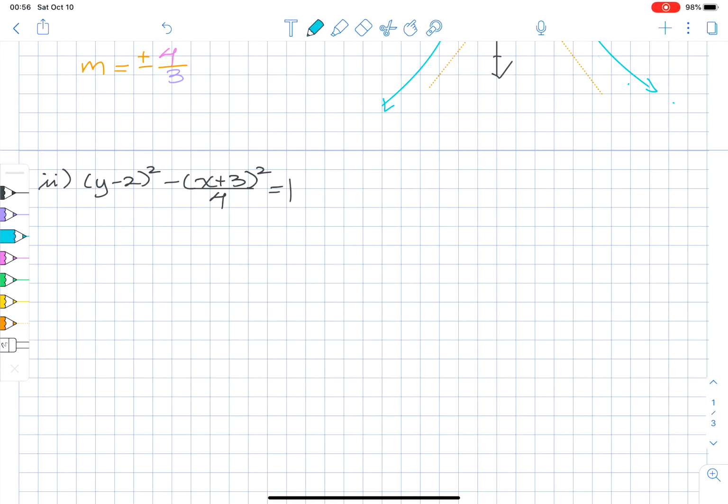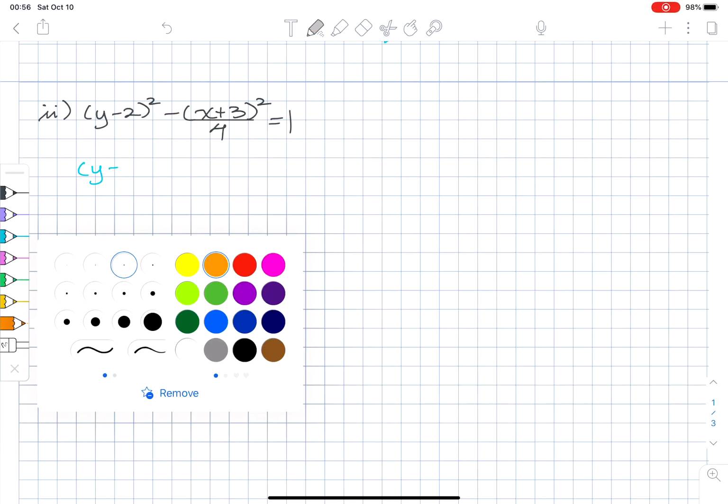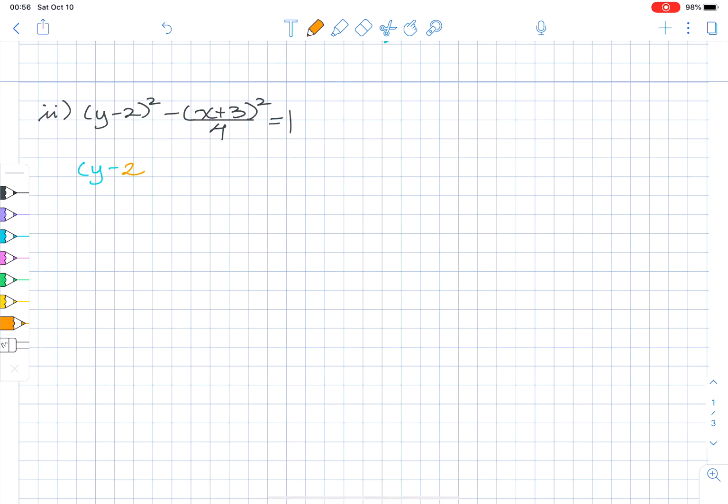So now rewriting this, I claim that this is y minus 2 quantity squared over 1 squared minus x minus a negative 3 quantity squared over 2 squared is equal to 1.